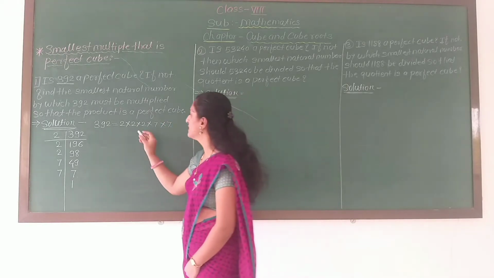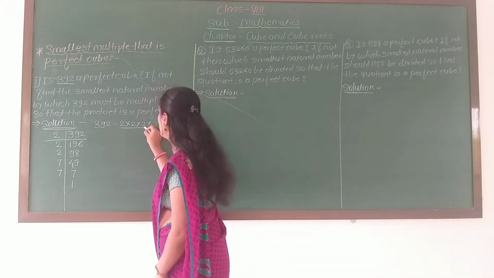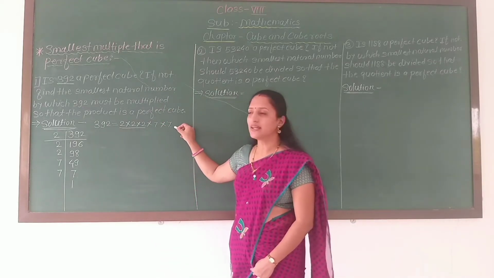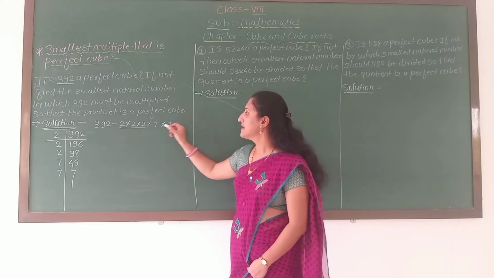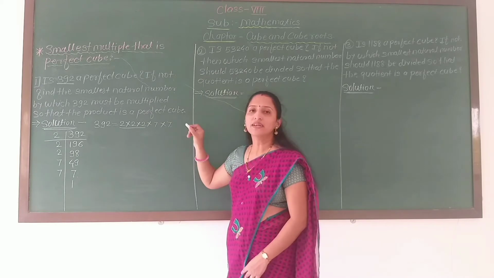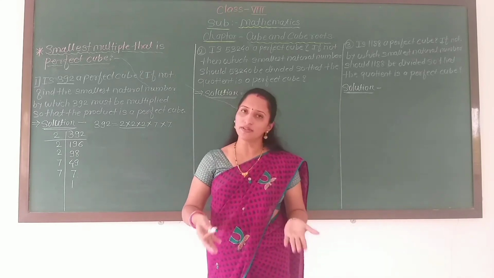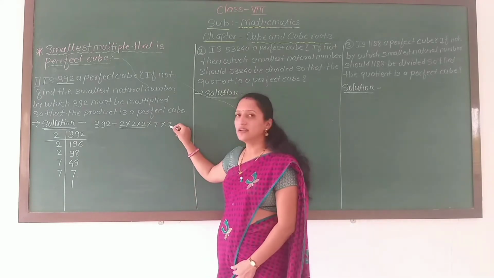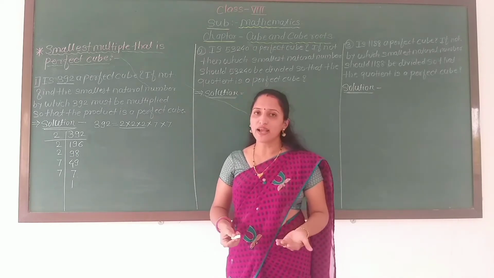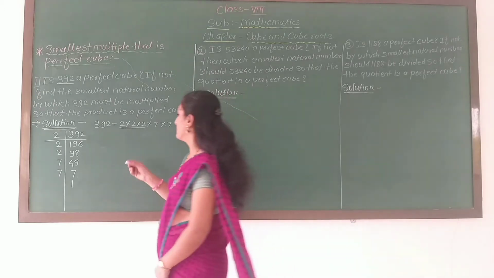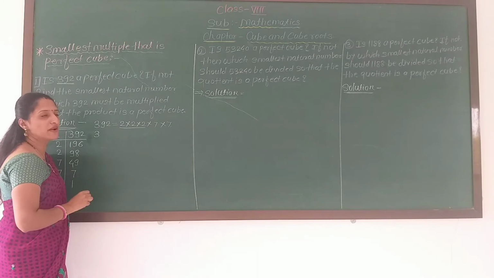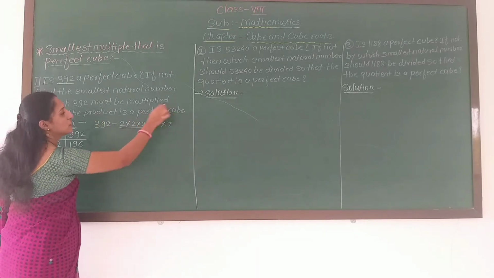So find out triplet. Here we get one triplet of 2, but 7, 7, here there is no triplet. That means a prime factor 7 does not appear in a group of 3, right? A prime factor 7 does not appear in a group of 3. So what we can say? Yes, from this we can say that 392 is not a perfect cube.